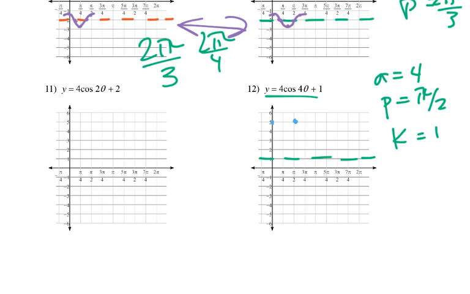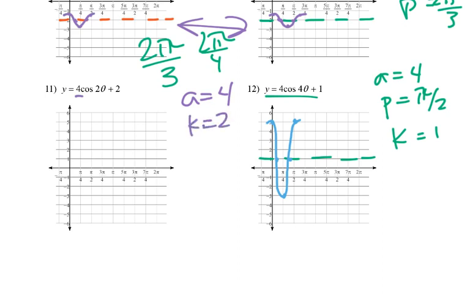Then in between that at pi fourths, we go down 4 to -3. And in between the first here and the last, somewhere on that midline. And in between the middle and the last, we're also on that midline. So it looks like that. Bigger amplitude makes it look quite a bit different. Okay, number 11, amplitude again of 4.